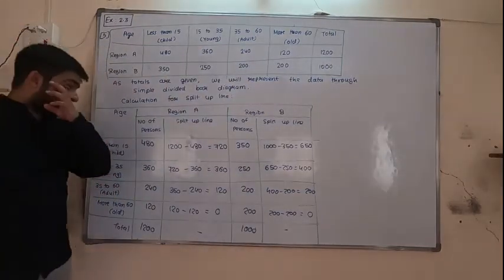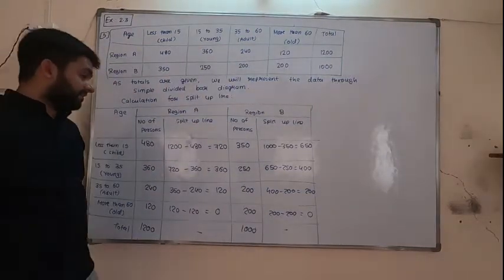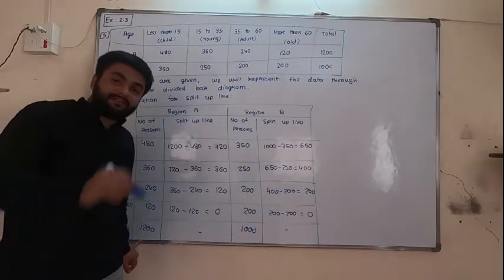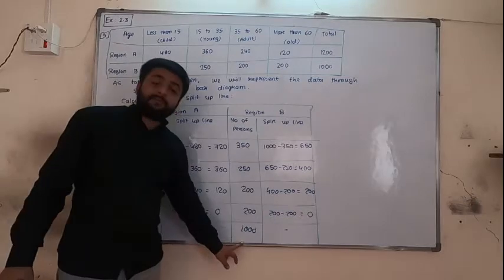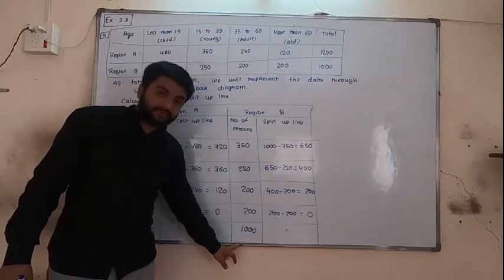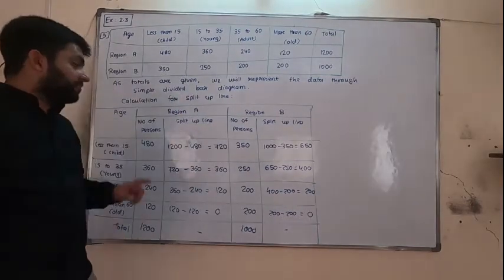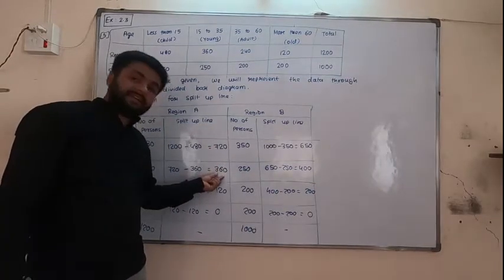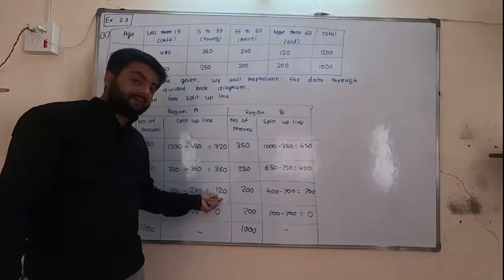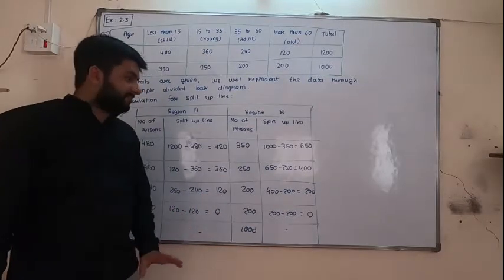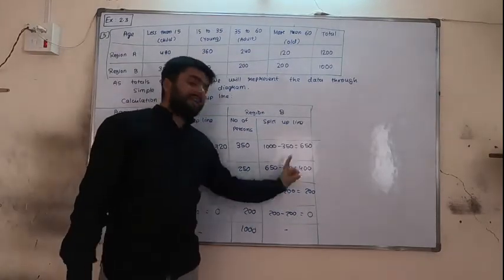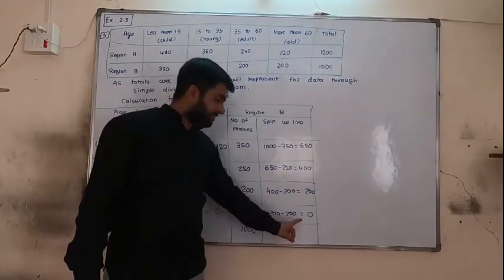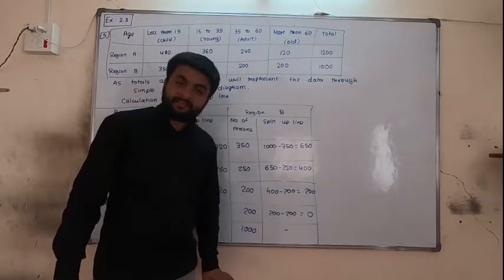Friends, an important thing to remember: the first bar should be drawn of 1200, the second bar of 1000. Now you will draw the first line at 720, second at 360, third at 120, so directly it will touch 0. Here first line at 650, next at 400, next at 200, so it will touch the line at 0.